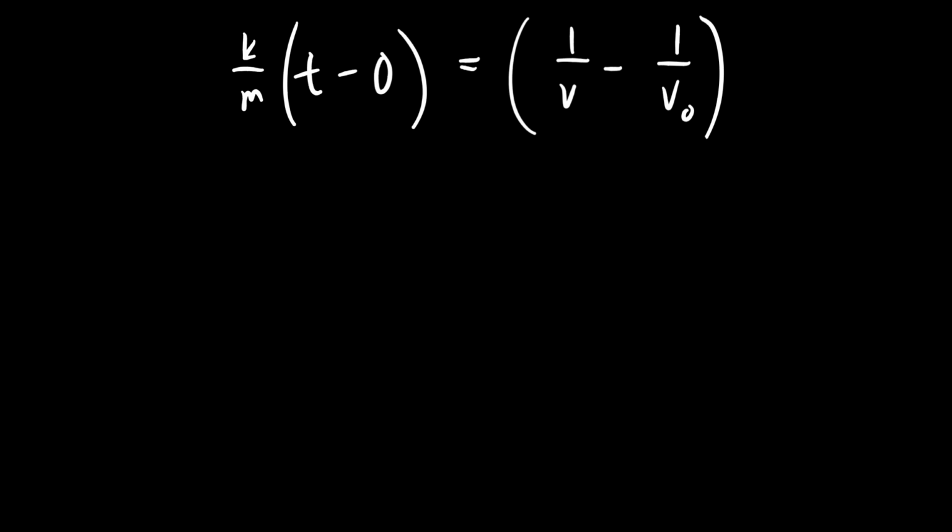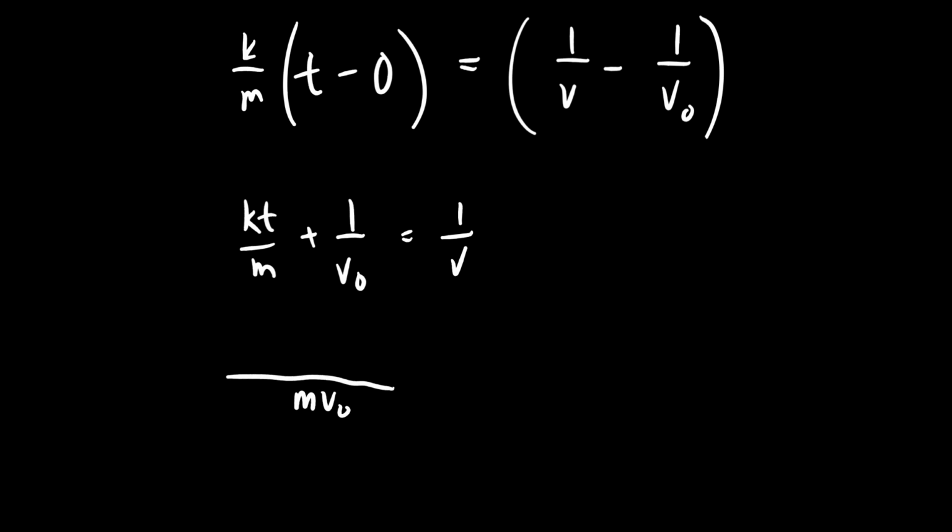Yeah. All right, let's add 1 over v naught to both sides. This is kt over m plus 1 over v naught. Since I have to invert both sides, and I would really not like to have a super complex fraction, because if I just inverted it right now, I would get a super complex fraction, I'm going to get common denominators on the left. Do you guys know to do that? You do now. So my common denominator will be m v naught.